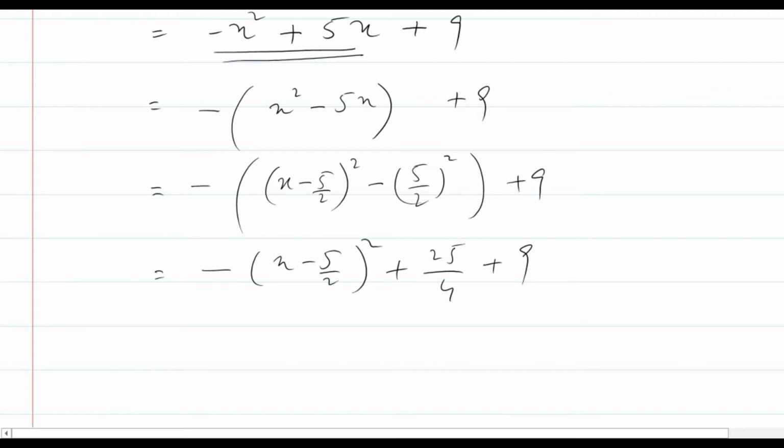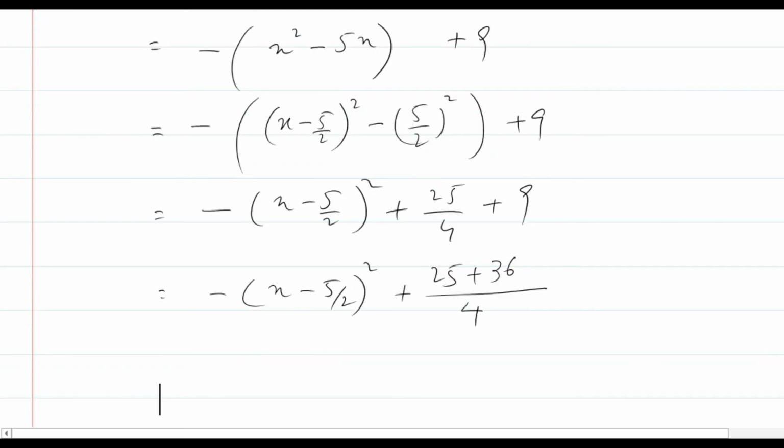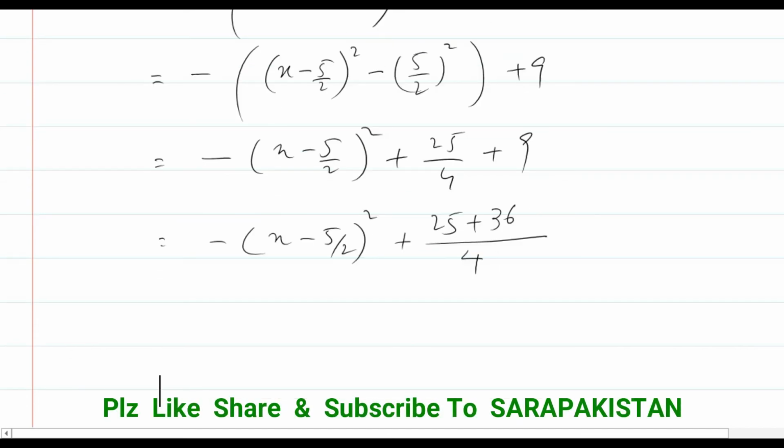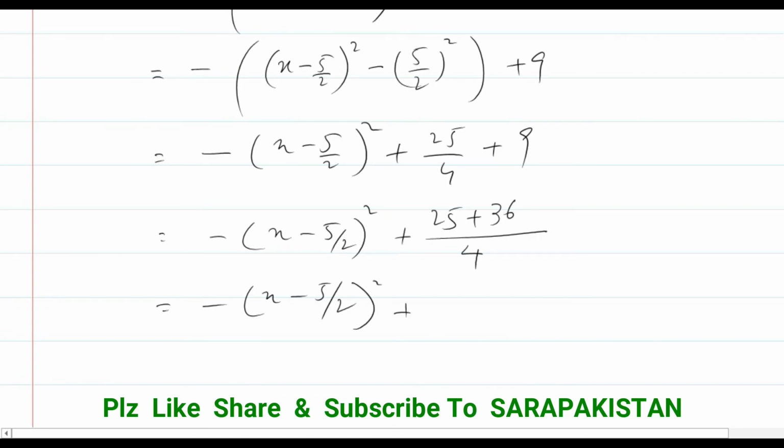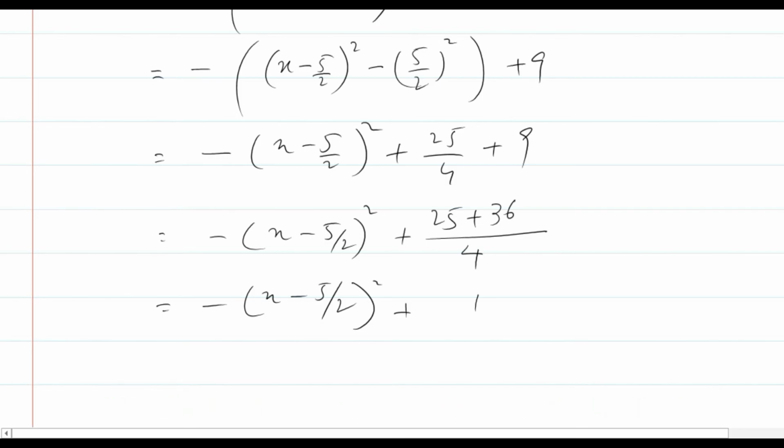You can write it as minus x minus 5 over 2 whole square plus 4 is the LCM, 25 plus 36, and it will be 61 over 4.